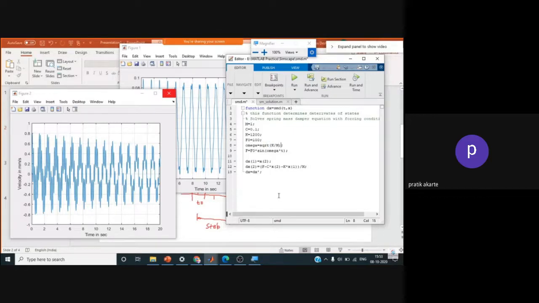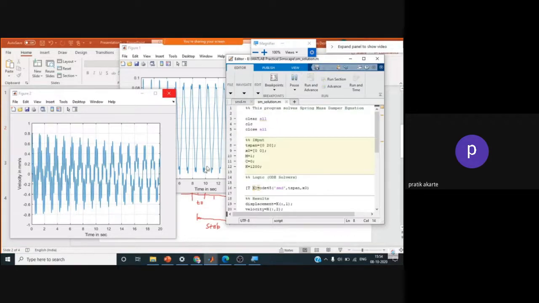So if I provide an input force with the same frequency as the natural frequency of the system, what will happen? Obviously, there will be resonance. Let's see what happens at resonance. I will provide an input frequency equal to the natural frequency.